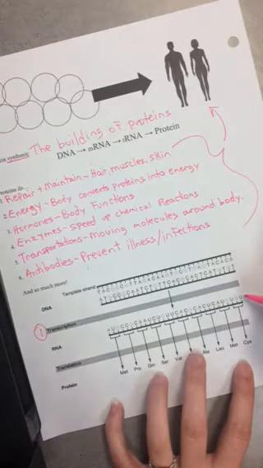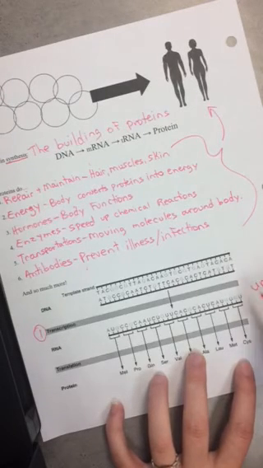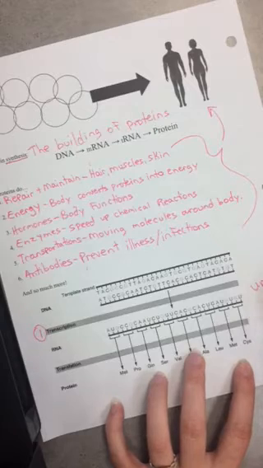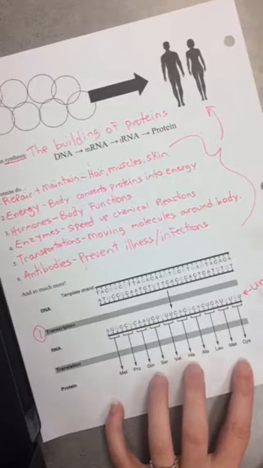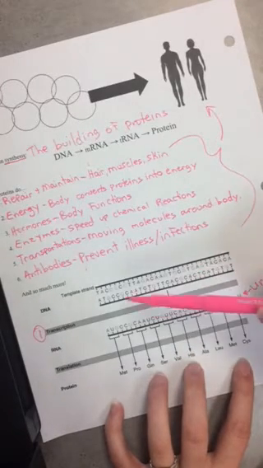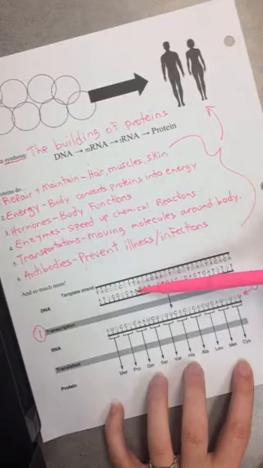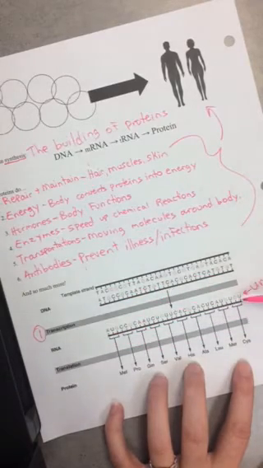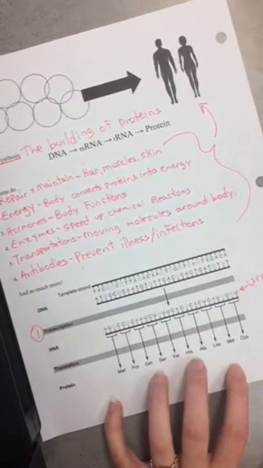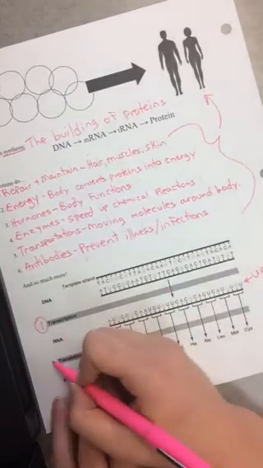There are only U's, and that's uracil, U-R-A-C-I-L. Uracil is in place of thymine. That's the only real difference, but you still have your letters and you transcribe into an RNA molecule.